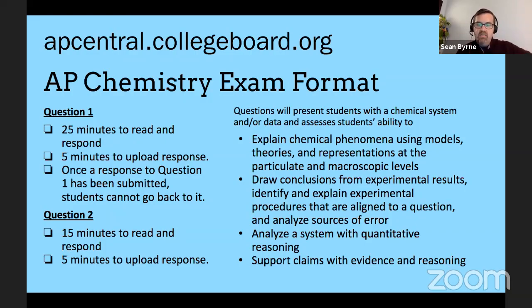You'll analyze a system with quantitative reasoning, so we'll do some numbers. We're going to look at sources of error. I don't want to forget that one. I gave you an experience of that today. And then we're going to support claims with evidence and reasoning. All of these skills are important in all of our science classes, and you'll have a lot of opportunity to talk about those today.